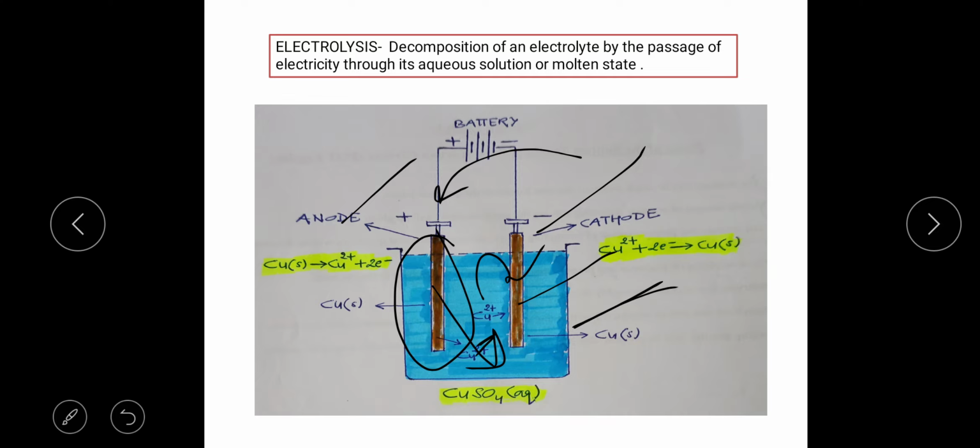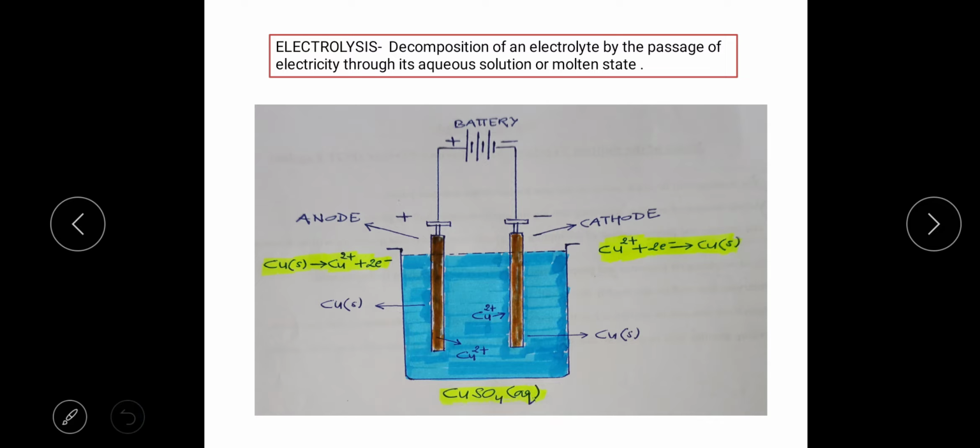But on the whole, ions from electrolyte, they've got reduced. You can see. So it means some chemical change is happening inside, and because of that only this conduction of electricity in the electrolyte is possible. So this passage of electricity is leading to chemical reactions in the electrolyte. This is called electrolysis.